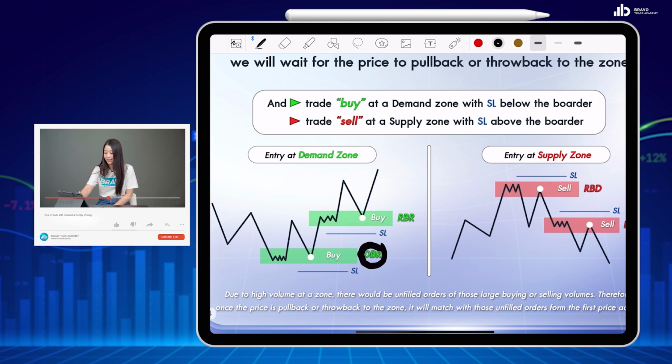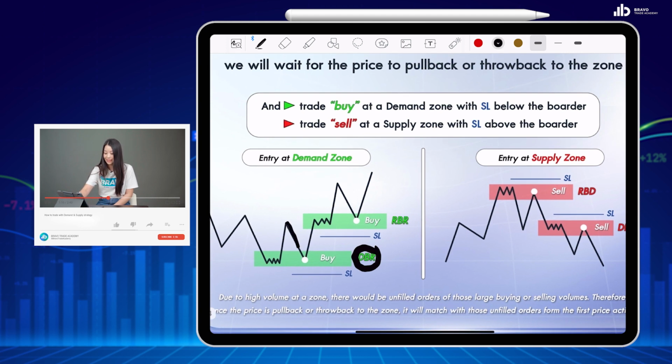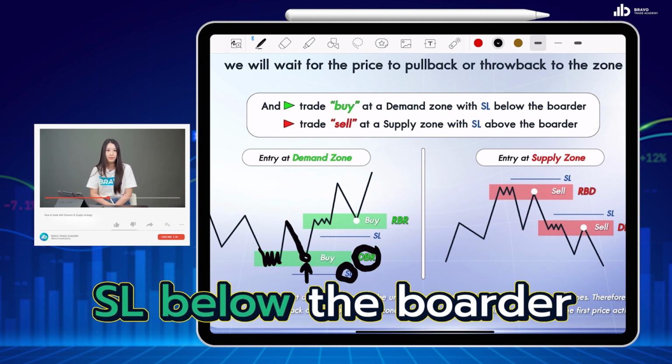If you have this demand zone here, formed when the price was accumulated, and the price comes back down to this drop base rally demand zone, we will enter a buy and put our stop loss below the zone.